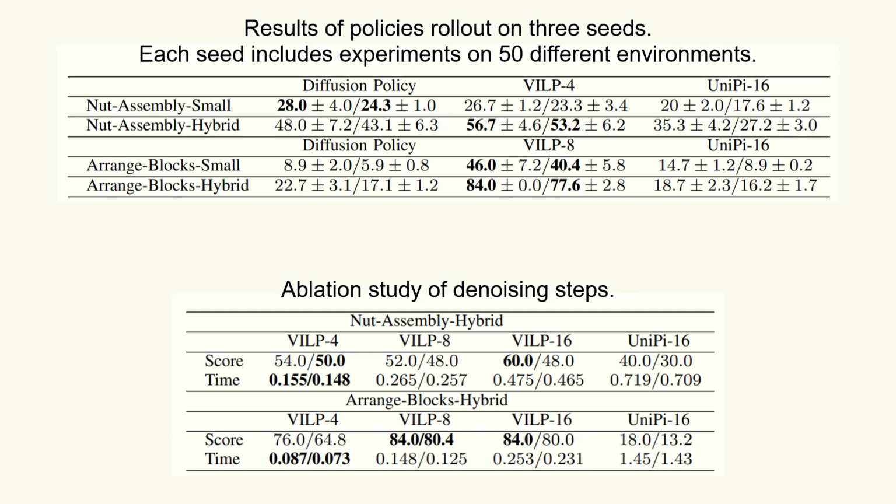Consequently, VILP outperforms UniPy in practical policy applications. Additionally, our findings indicate that for VILP, utilizing DDIM for 4 to 8 step denoising achieves peak performance, suggesting that additional denoising is unnecessary. Under such conditions, real-time inference becomes viable.